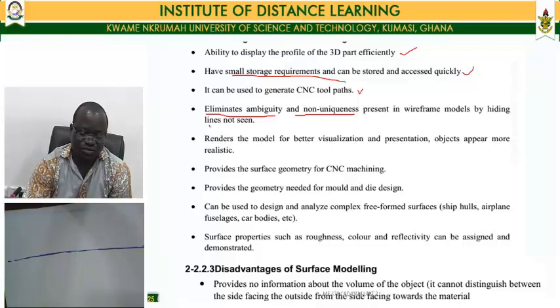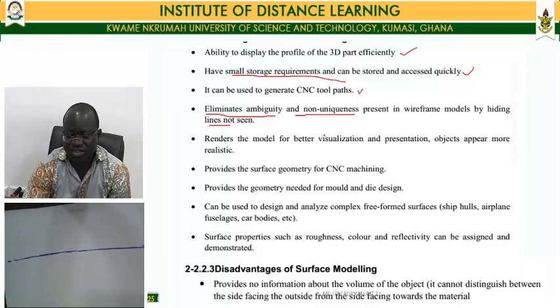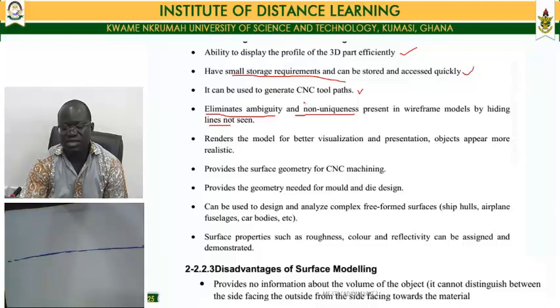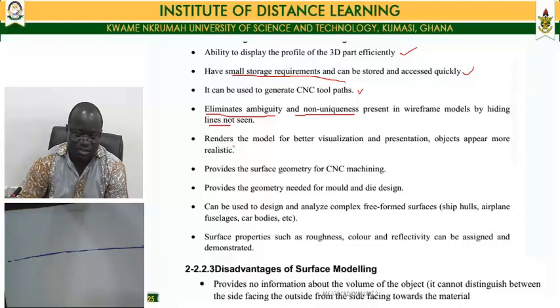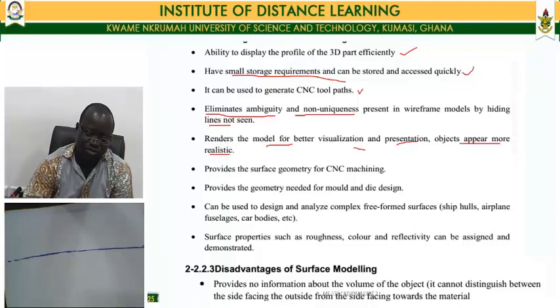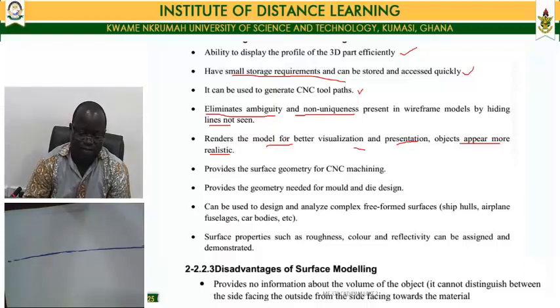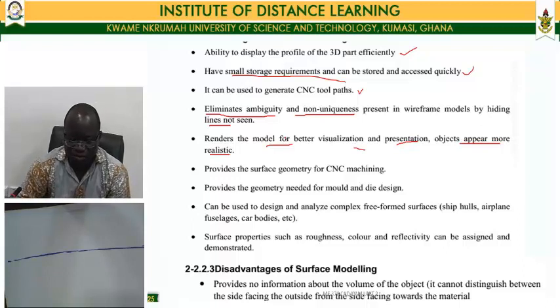Now, it's also able to render the model for better visualization and presentation. The objects appear more realistic in a surface model. You can see it, and then you can feel that it is a real object. Now, another advantage is that it provides the surface geometry for CNC machining, so it can give you a profile of the surface for CNC machining. Now, it also provides the geometry needed for mold and die design as well, if you're doing die casting.